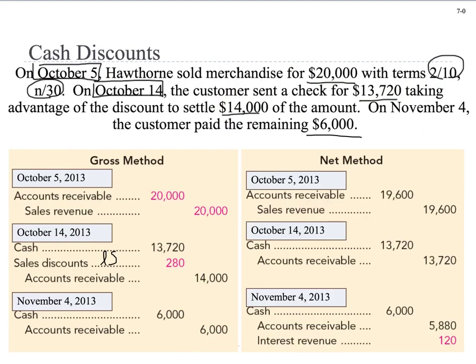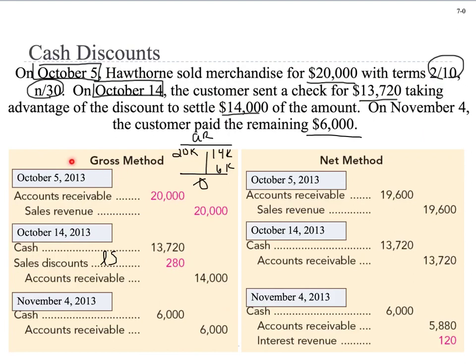So if you're thinking about it in a T account here for accounts receivable, the $20,000 went in, then the $14,000 came out, and then the $6,000 came out. So we're good from a T account standpoint that for the AR everything has cleared out, even though now we know that they did record this discount here of the $280, because we know they did not pay $20,000 in cash.